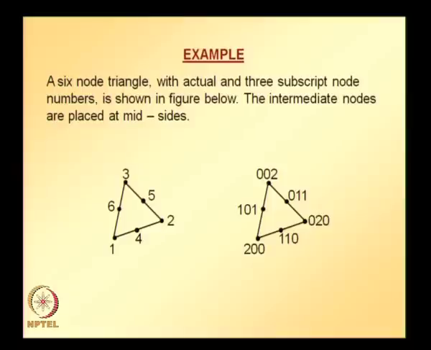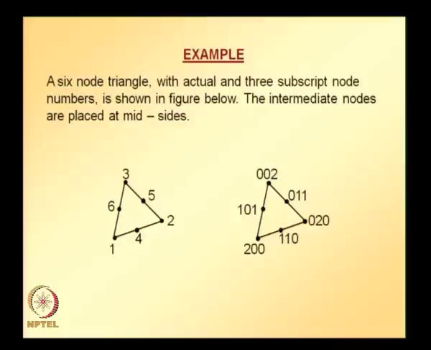That information is required because unless we know where these intermediate nodes are placed, it is difficult for us to find L1, L2, L3 for that particular node. So, that information is given. Intermediate nodes are placed at mid sides.